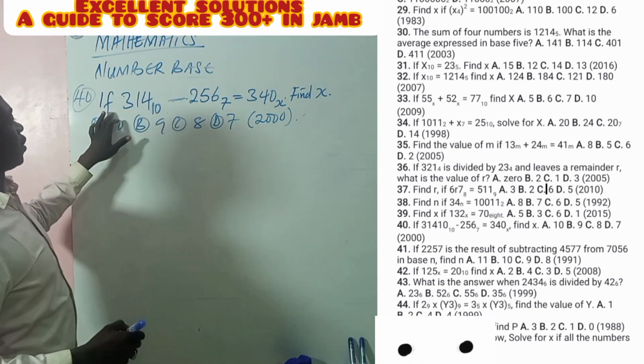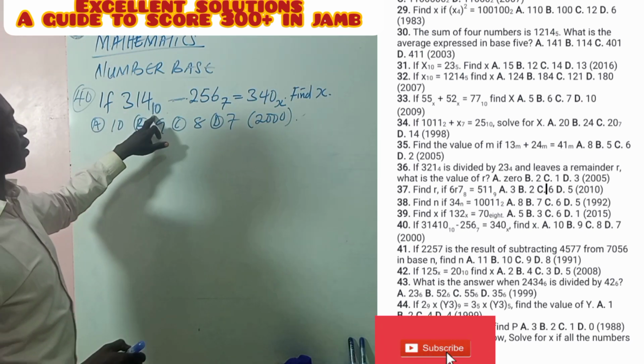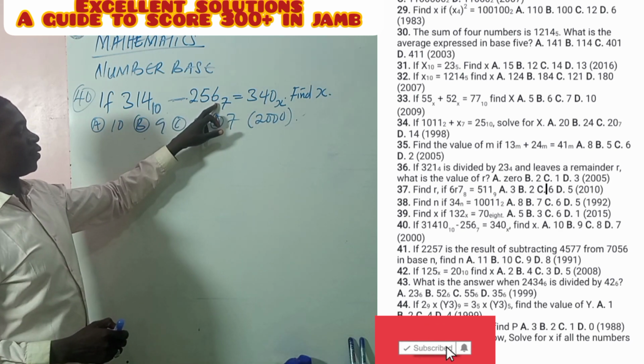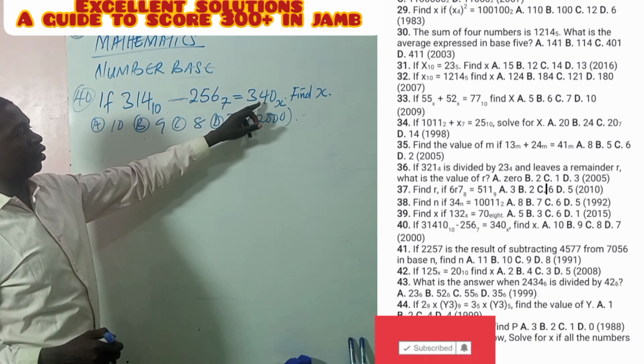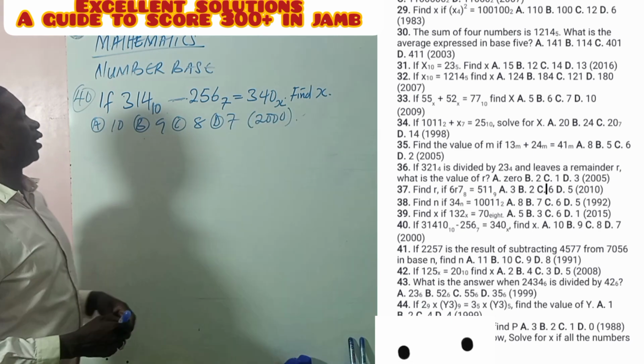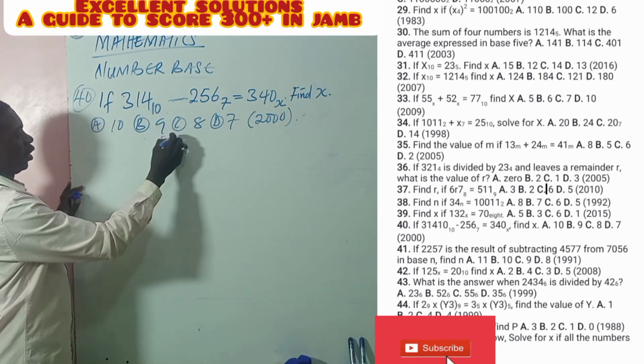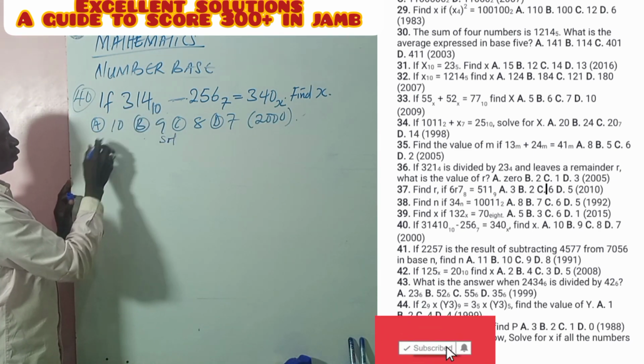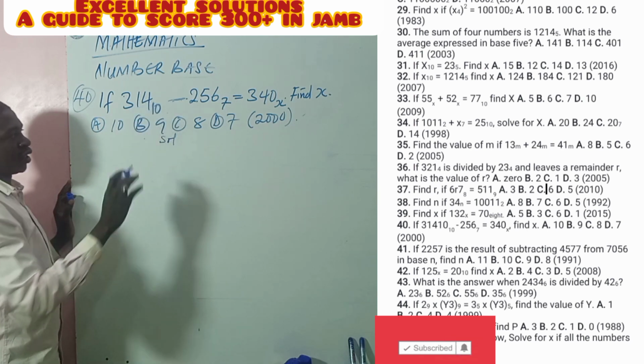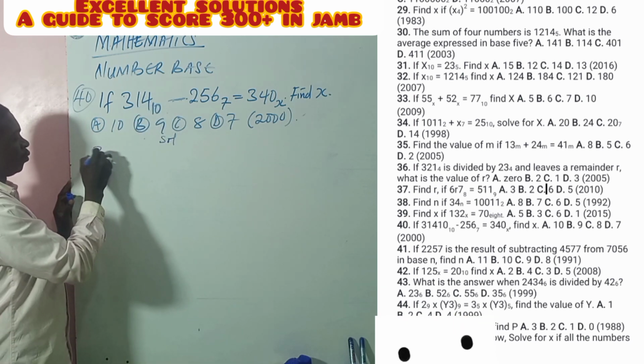Question 40 says, if 314 base 10 minus 256 base 7 equals 340 base x, find x. So here, since 314 is base 10, there is no need of converting it.